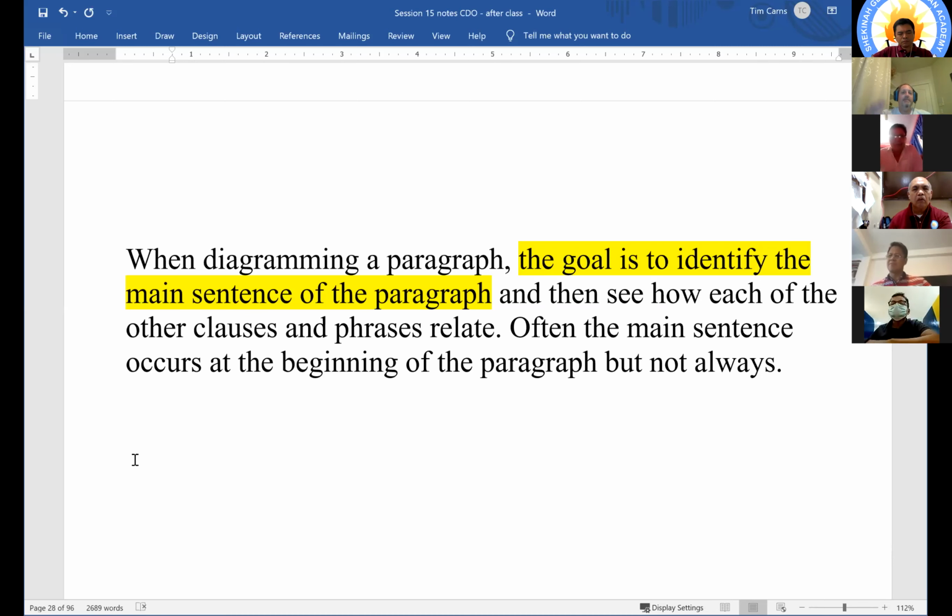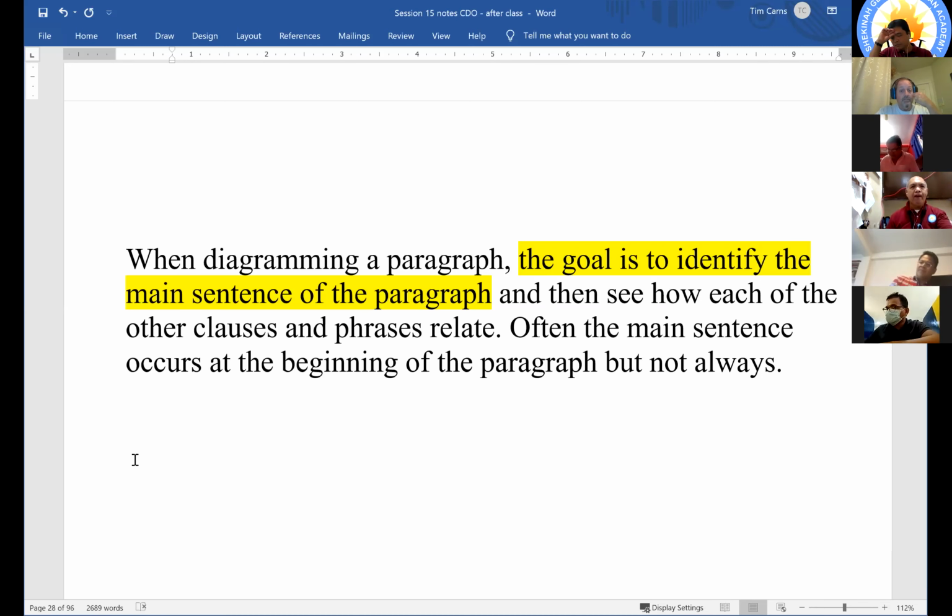All right? And then once you find that main sentence, you identify each phrase and clause to see how it connects to that sentence. So that's why on a diagram, the main sentence goes over to the left, and all the modifying phrases and clauses are indented from that.